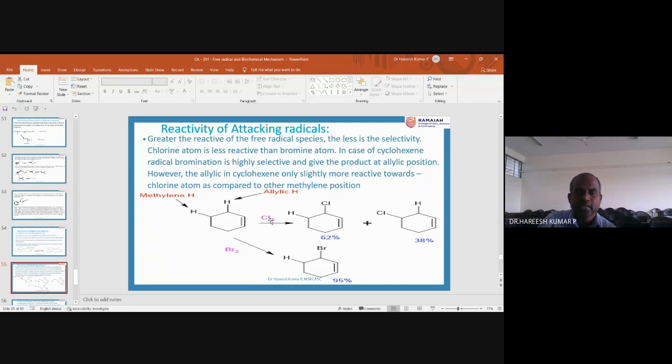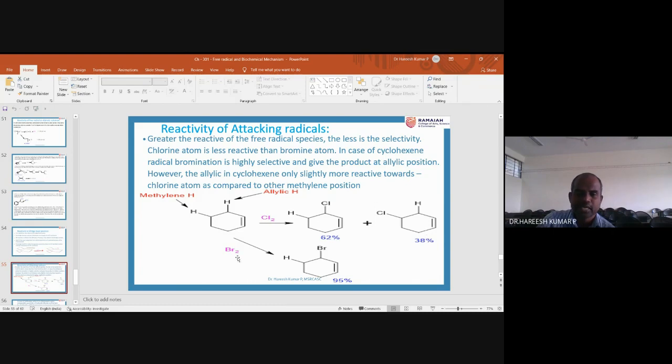But suppose a cyclohexane is subjected to chlorination, it is possible to form two kinds of product. Suppose an allylic proton is abstracted, then the allylic halogenated compound is the major product. But in addition to the allylic halogenated product, there is also a methylic halogenated product that is of around 38%.